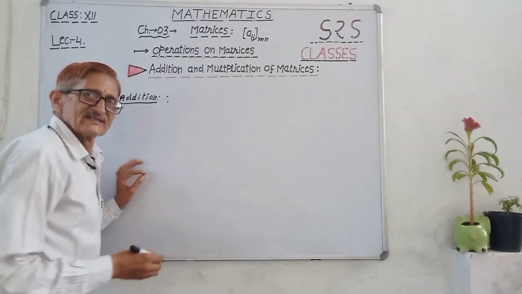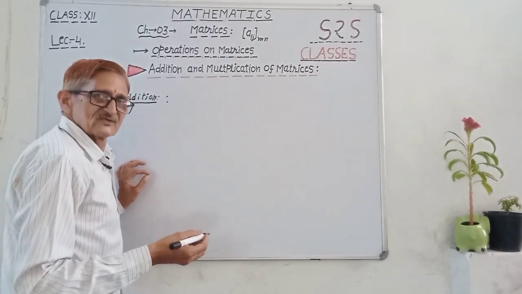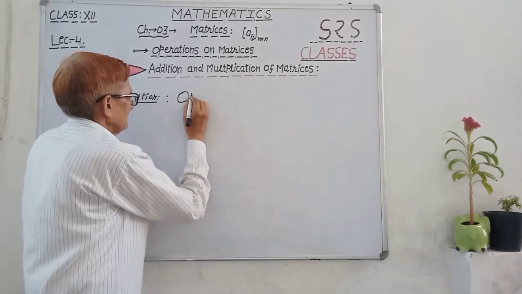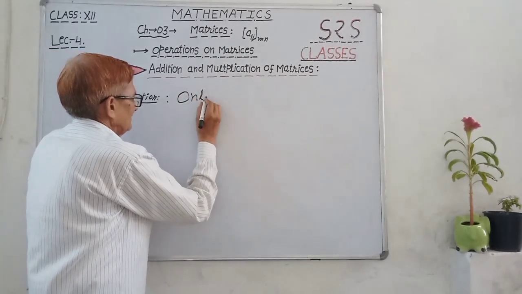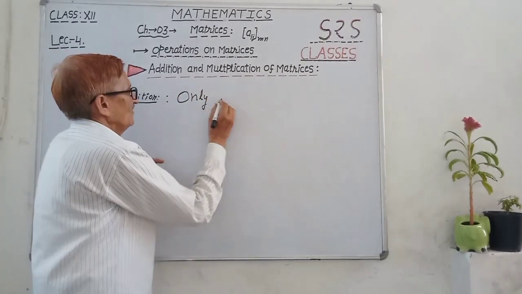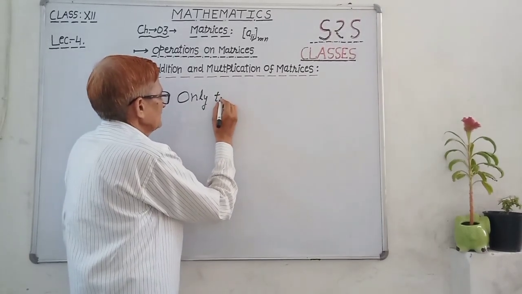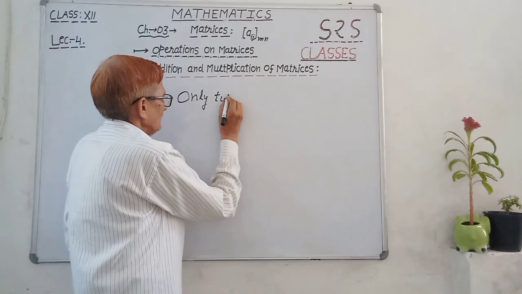Okay, by the definition what I told you, you can write: only two matrices, two or three matrices of same order.